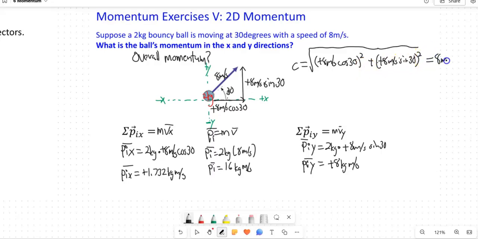which is 8. Okay, so they might give you the overall velocity and an angle, and you have to figure out those x and y components. Or they might give you the x and y components, and you have to figure out the overall velocity, and you have to figure out the angle.